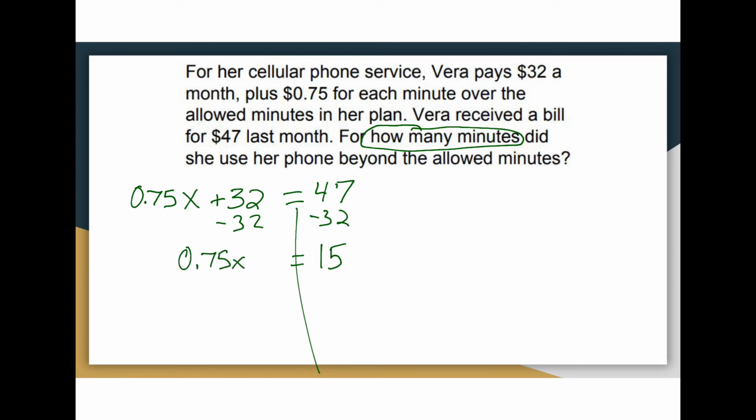And if you want to turn that into a fraction and do 3/4, that's totally fine too, if you like that. This would be very difficult math to do without a calculator. But if you've got a calculator on you, then this is probably simpler. So you just divide by 0.75, and we're going to get an answer of x equals 20.